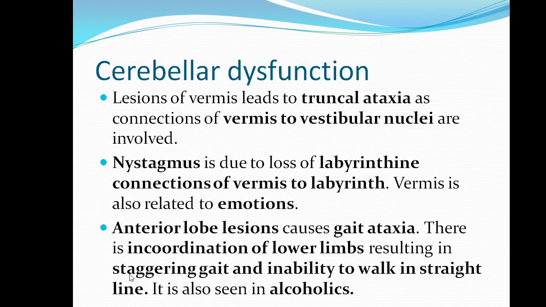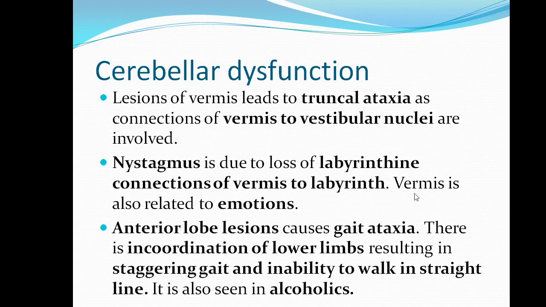Then clinical anatomy. There are two very important conditions, that is, cerebellar dysfunction. The lesions of the vermis lead to truncal ataxia as connections of the vermis to vestibular nuclei are involved. The nystagmus is due to loss of labyrinthine connections of the vermis.